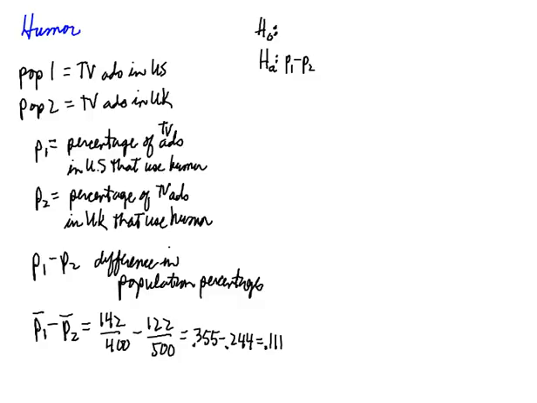P1 minus P2, I'm trying to determine if there's a difference. So that would be my alternative, and I will assume that there is no difference, that the difference is 0. Second step of a hypothesis test is to determine the values I need for the sampling distribution. I'm testing at 0 in the center.